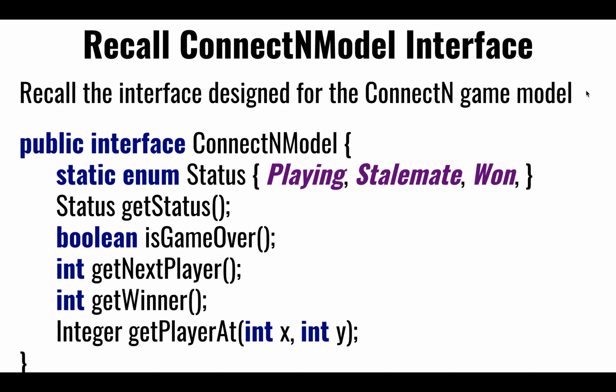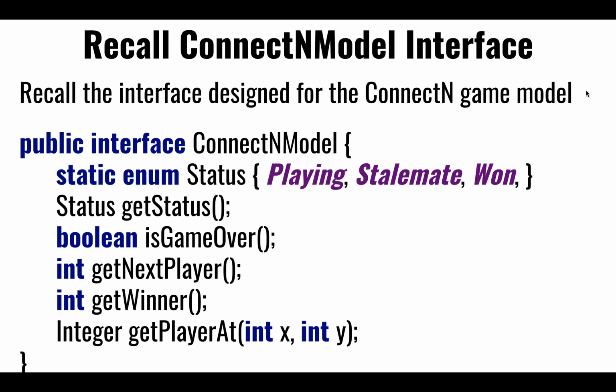We try to generalize that to ConnectN, where we can configure a more generic game. We can connect any number of tokens, not just 4, but what if we want 6 or 7 or whatnot.